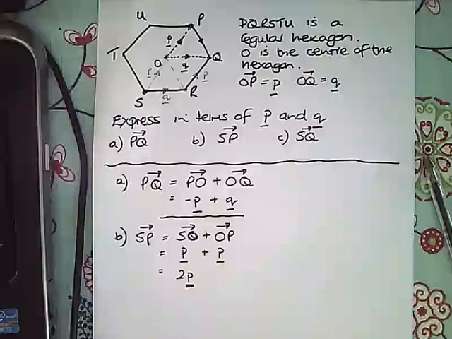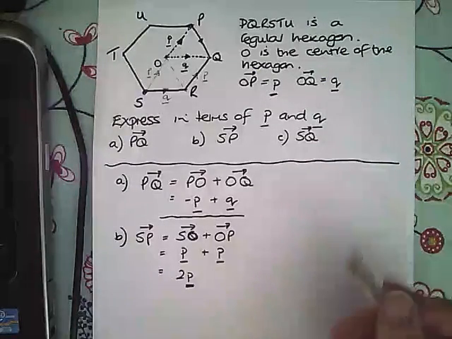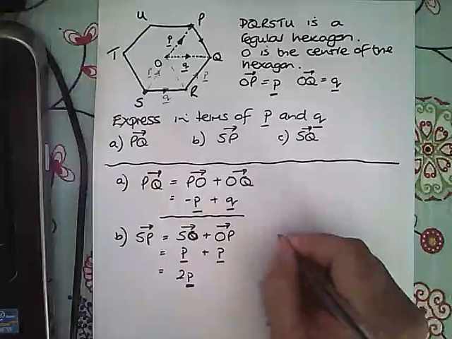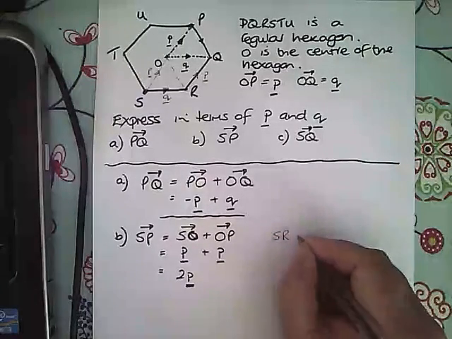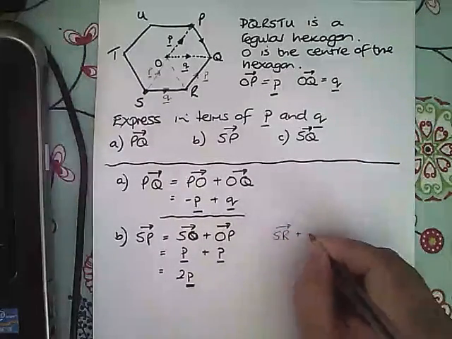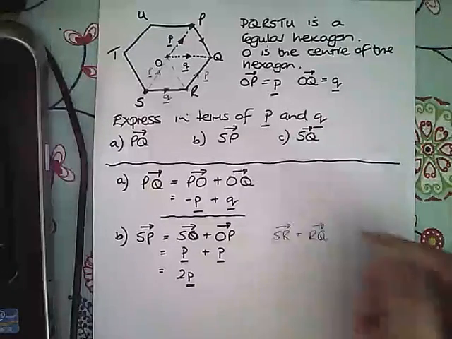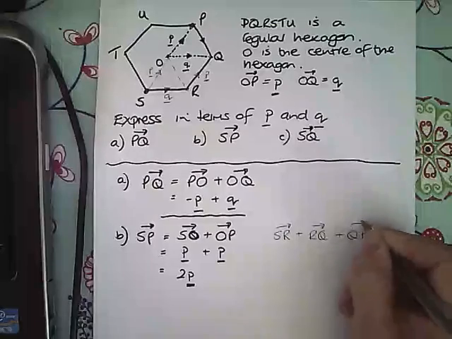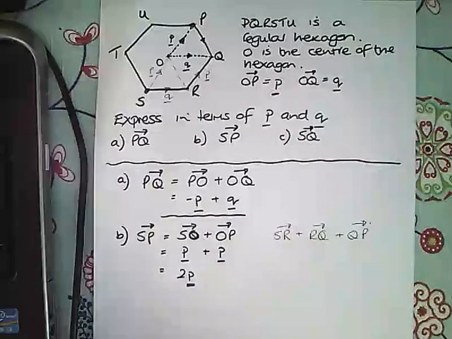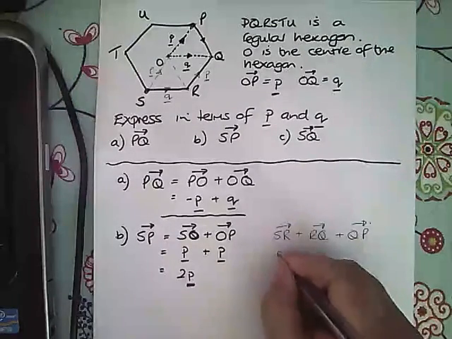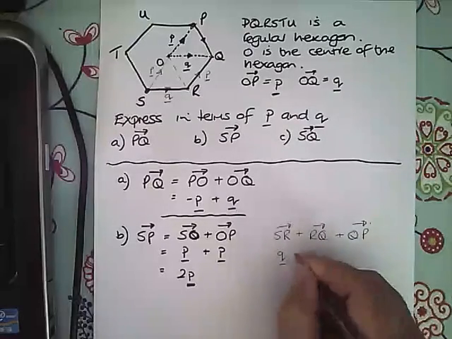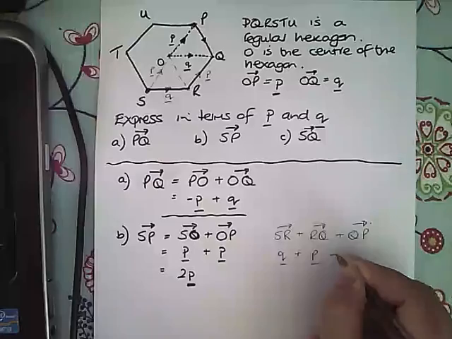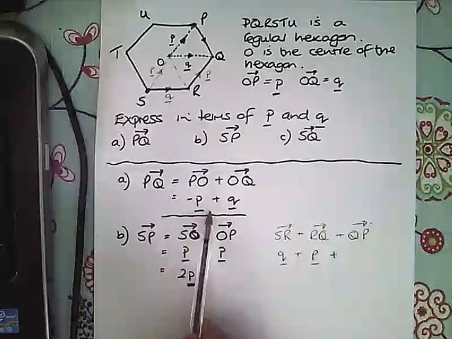Just for completeness, let me go completely the long way round. So I would also have SR plus RQ plus QP. Okay, so S to R is Q, RQ is P, and then I'm going the wrong way along this one.